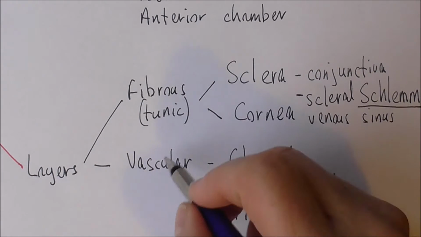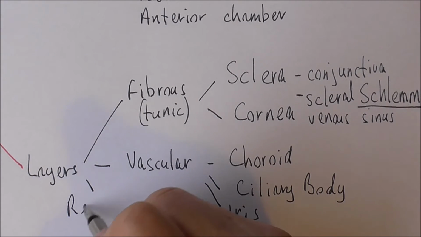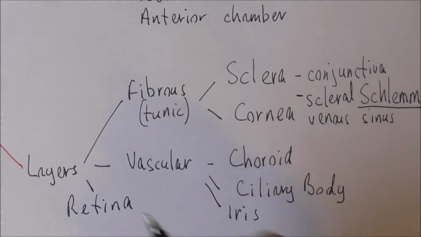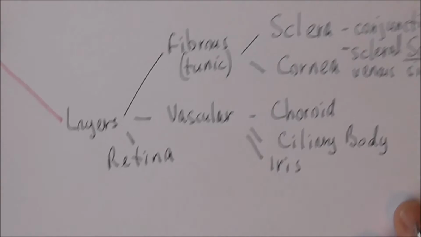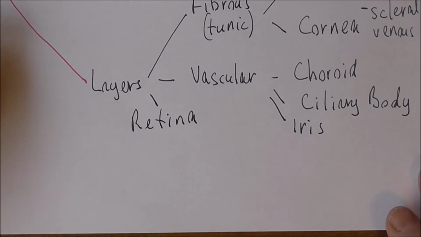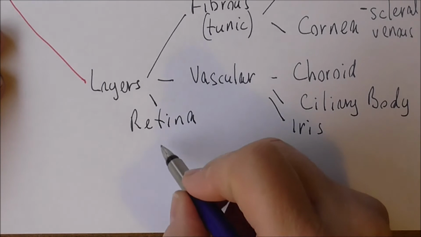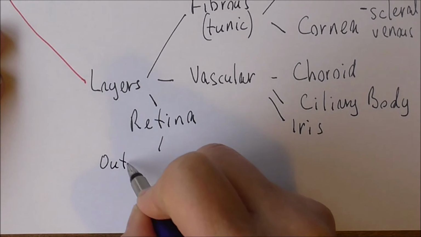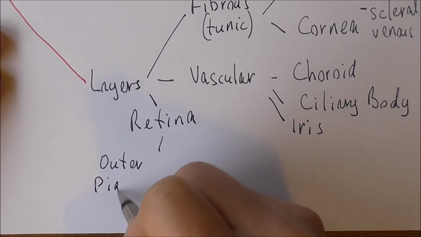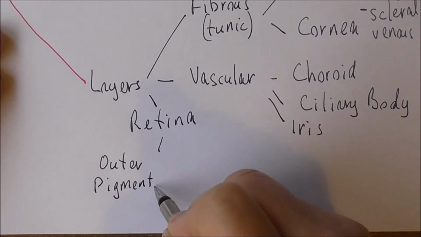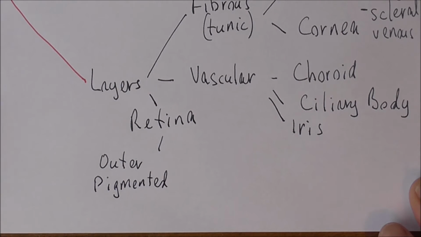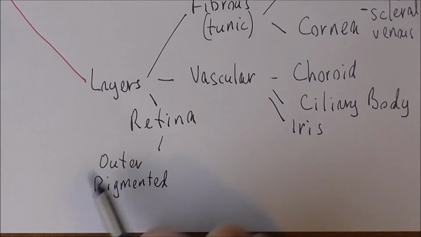So, layers, fibrous, vascular. The last one is the retina. Now the retina has an outer pigmented area, which is dark in colour, because we don't want light rays bouncing around inside.